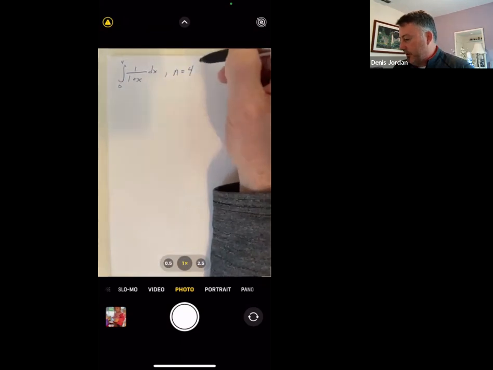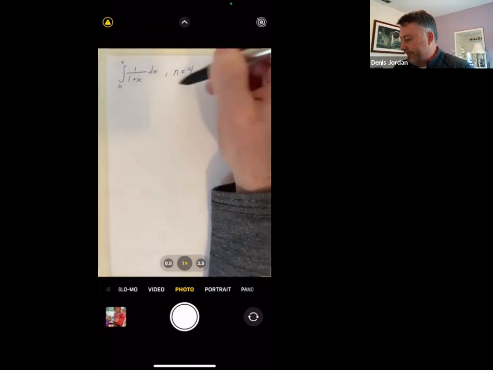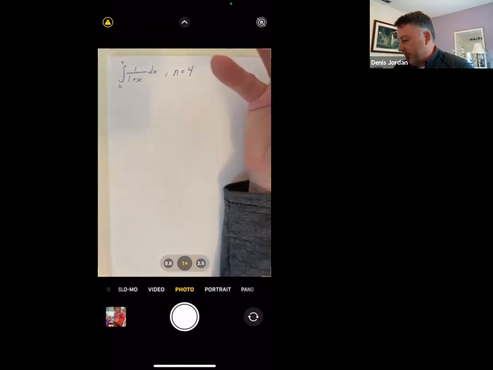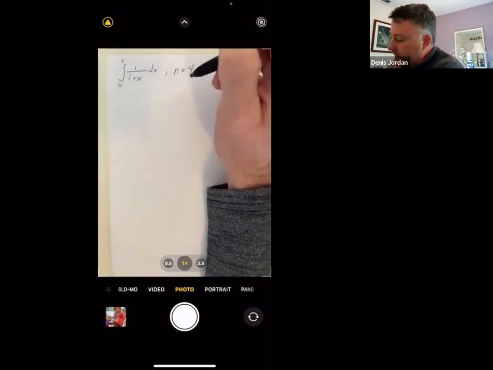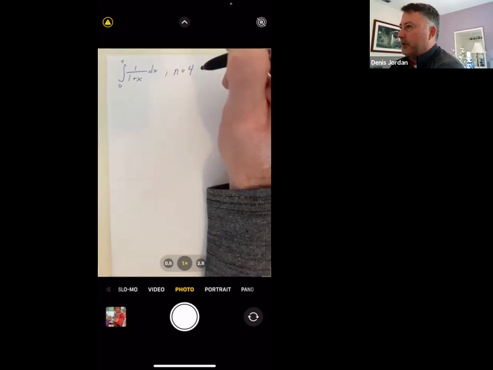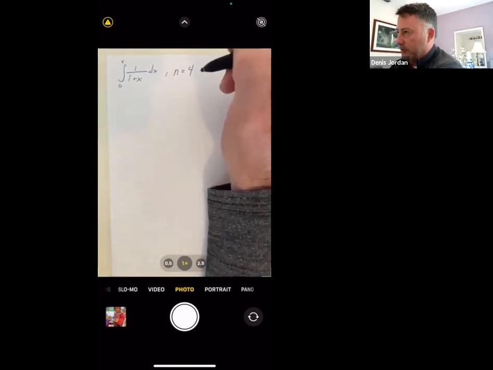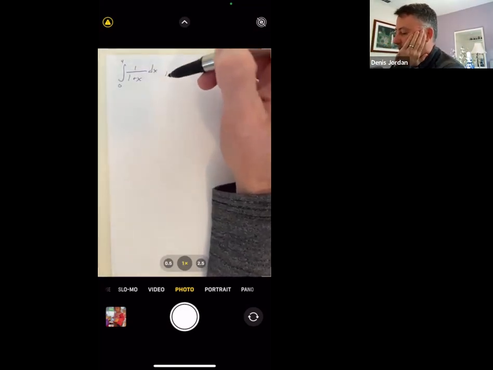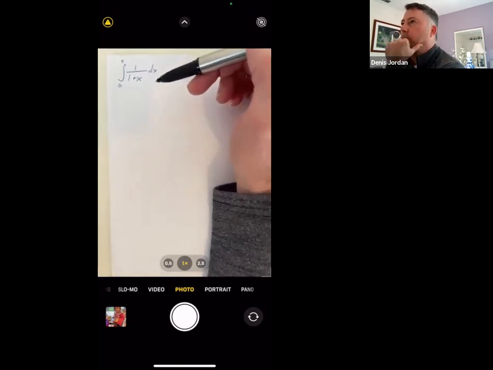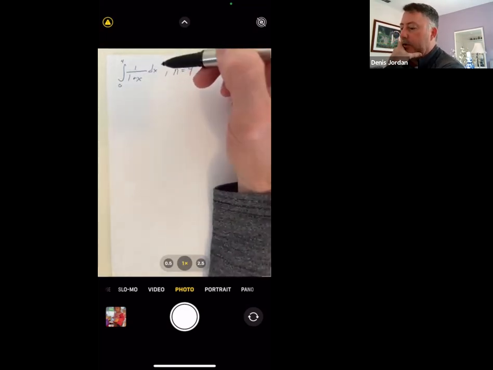Okay, so basically you have 4 trapezoids that you're going through. So you can either use the actual rule that was there, or you can just get the area of each trapezoid and add them all up. And it should come out to the same thing. So do you know what you were doing?